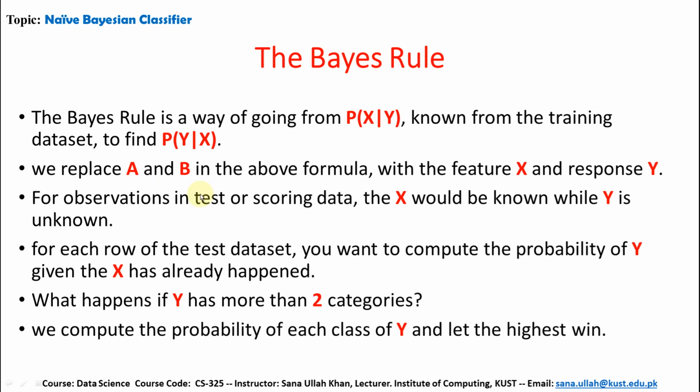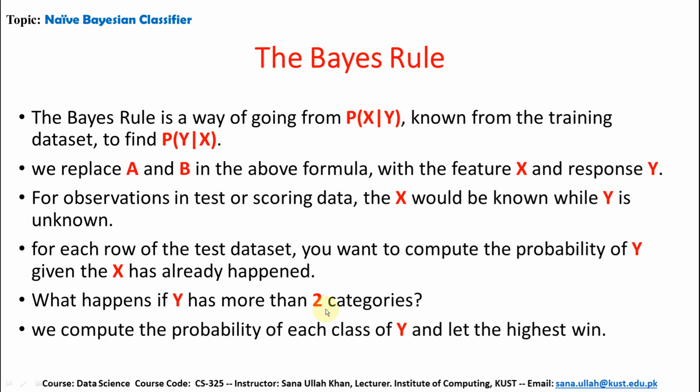We replace A and B in the above formula with the feature X and the response class Y. For an observation in the test or scoring data, X would be known while Y is unknown. For each row of the test data set, you want to compute the probability of class Y given that X has already happened. What if Y has more than two categories?